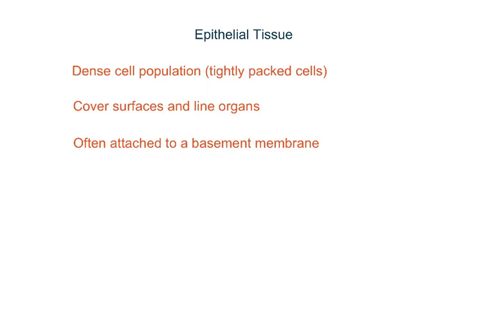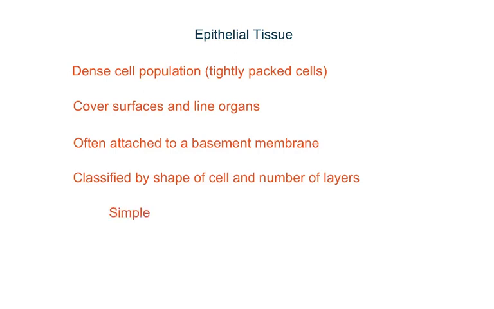We'll get to that. We always classify epithelial tissue by two things: the shape of the cell and how many layers of cells there are. That's pretty easy, because if there's one layer of cells only, we call it simple, and if we have more than one layer, we call it stratified.